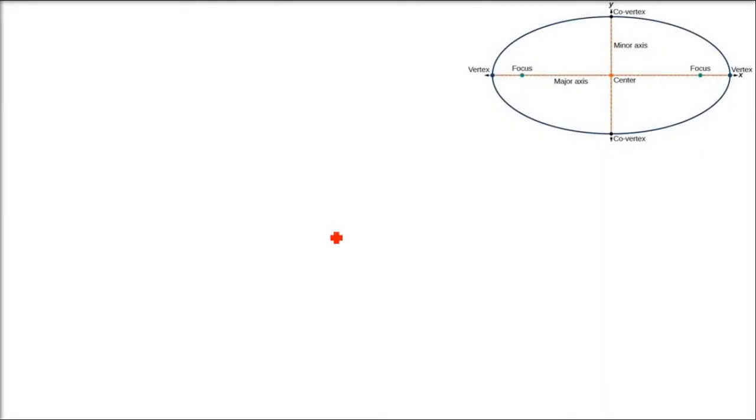Now let us take the different parameters of an ellipse. Let me start with the vertices. Vertices are the points which we showed you at that time, A and A dash, where the curve meets the line joining the foci S and S dash.